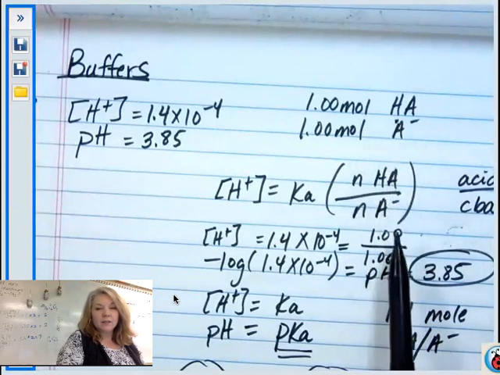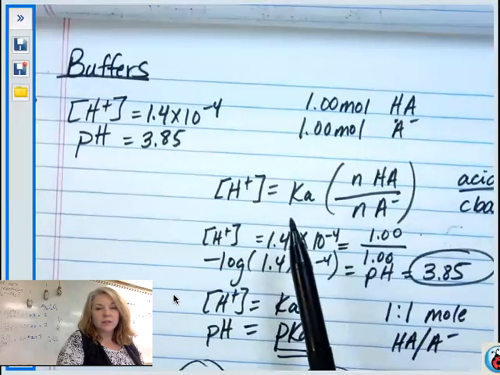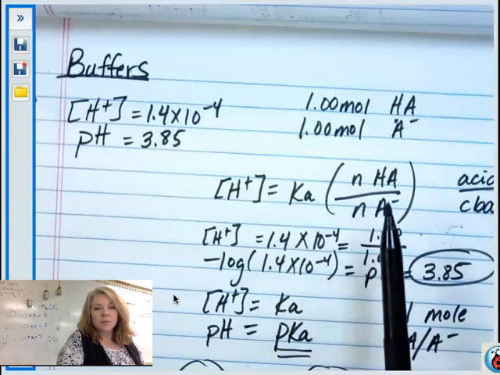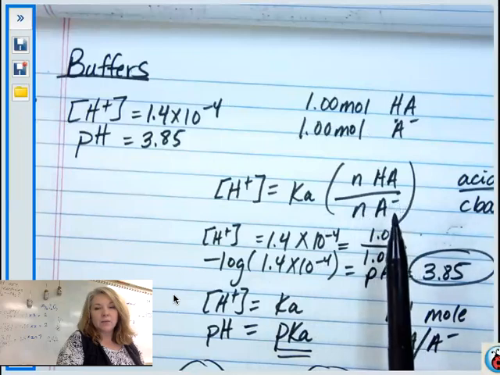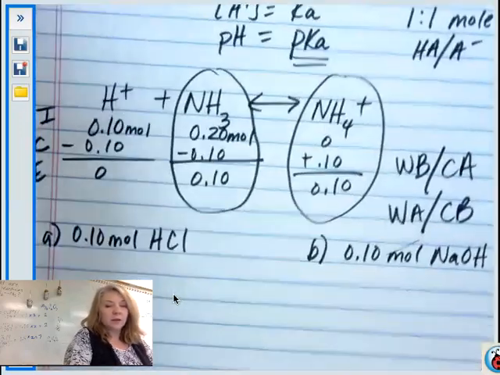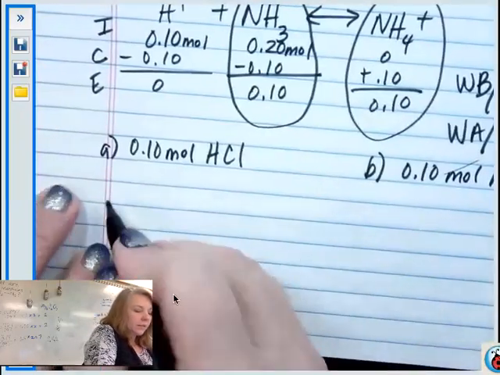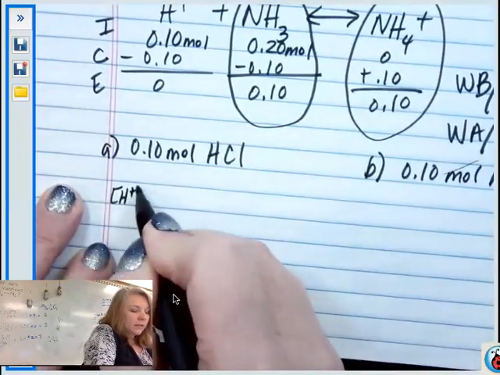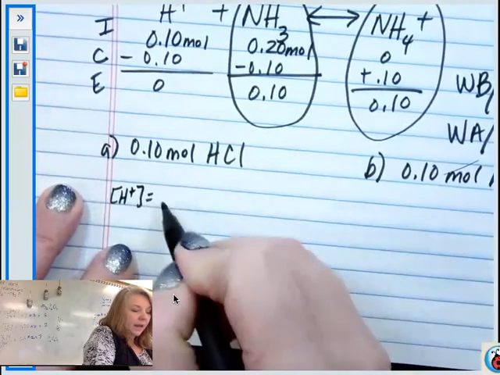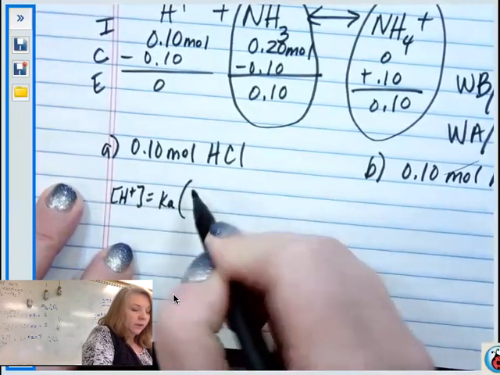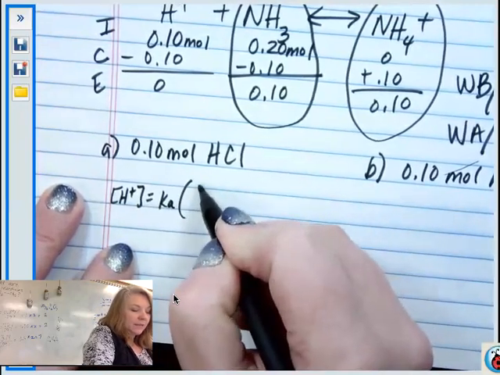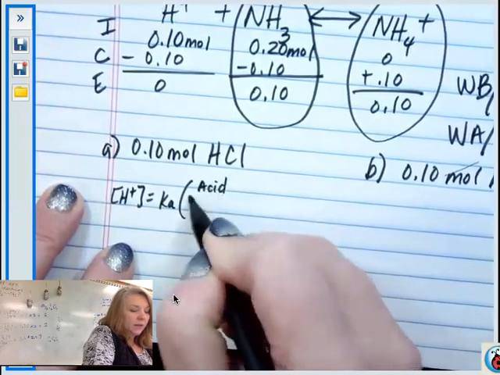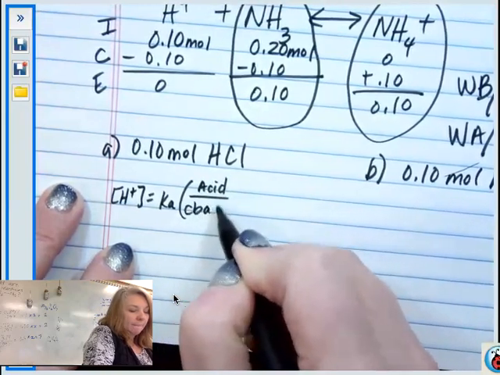So we've got this situation where H+ is equal to Ka times the moles of our weak acid over the moles of our conjugate. So I'm going to set that up down here. H+ is equal to the Ka times the moles of the acid divided by the moles of the conjugate base.